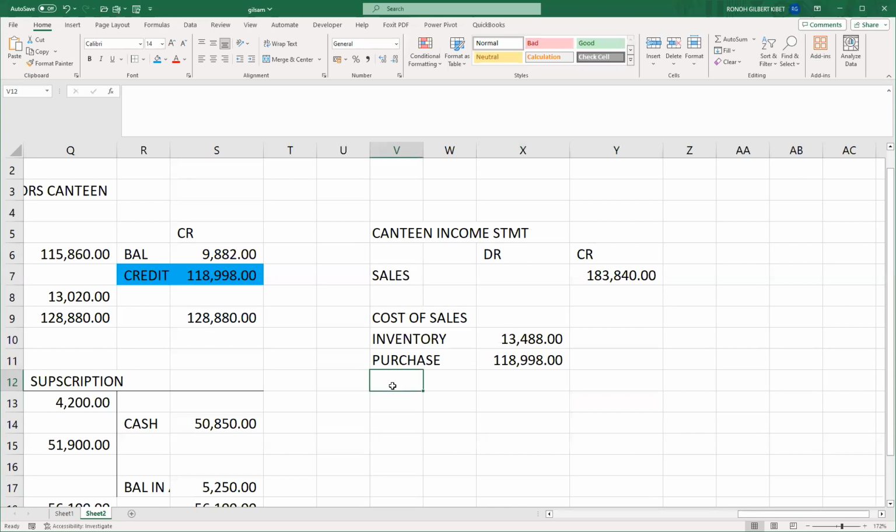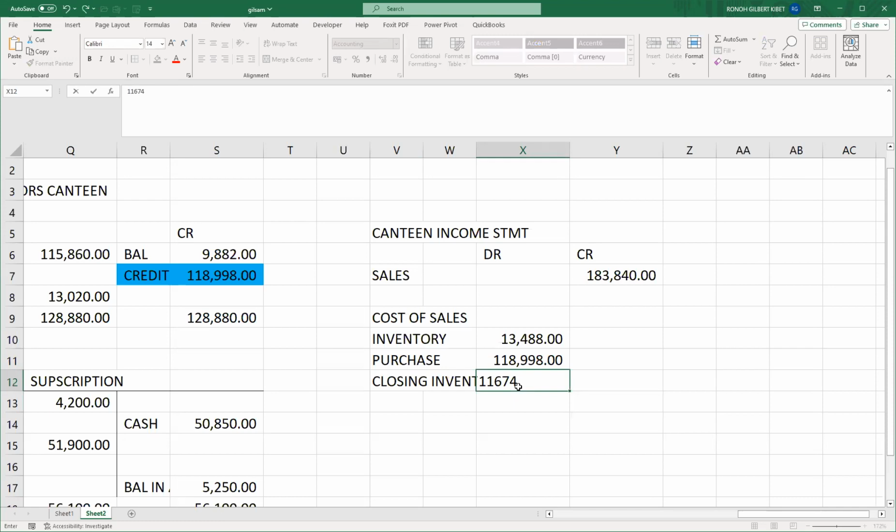And then we have the closing inventory, 16,674. Okay, so if you adjust, you get your 16,674. Is it okay? Yes.